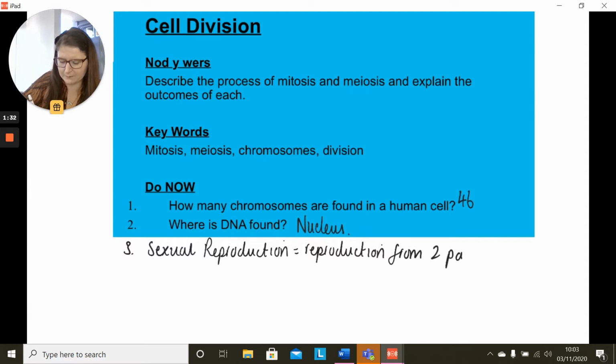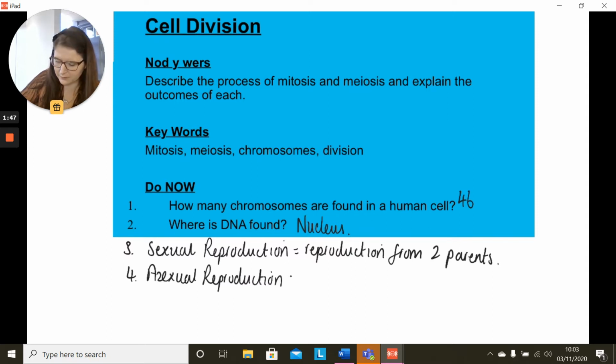Okay, and then my next question then would have been, what is asexual reproduction? Asexual reproduction obviously is then reproduction with one parent. And with asexual reproduction then you will end up with clones. If you have DNA from one parent, they will be the exact same to the parent. They will have identical genes to the parent from one parent.